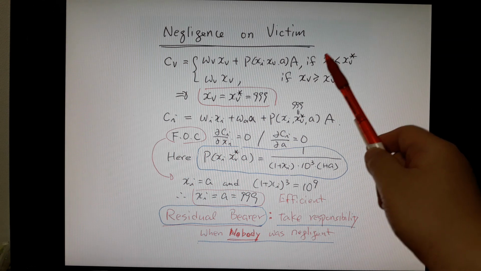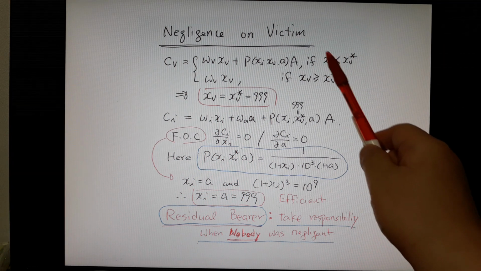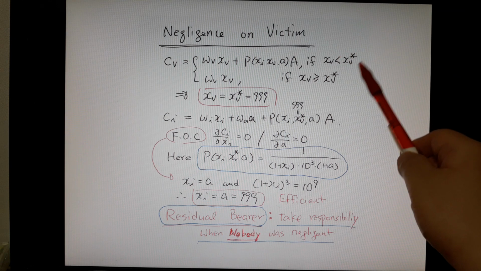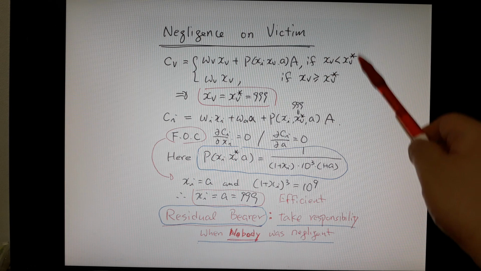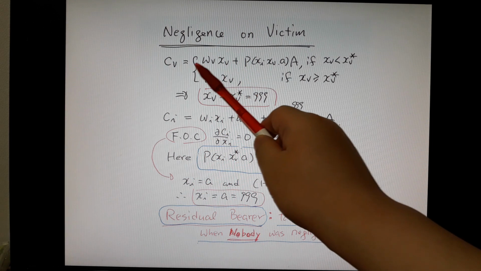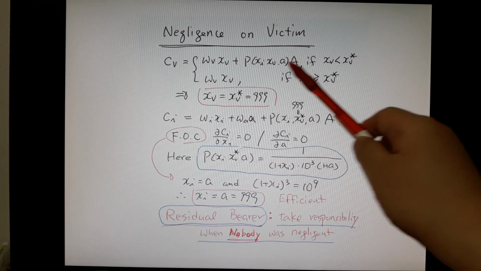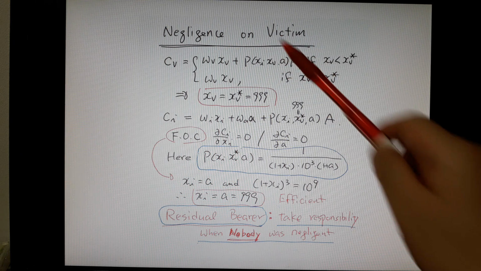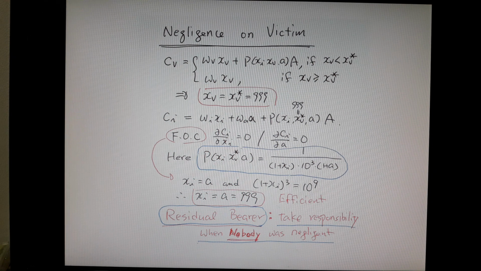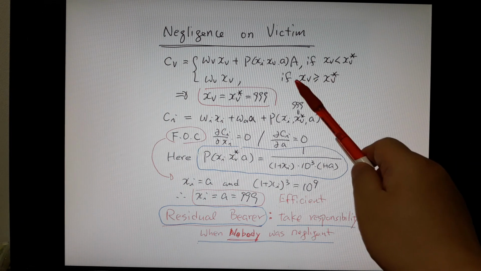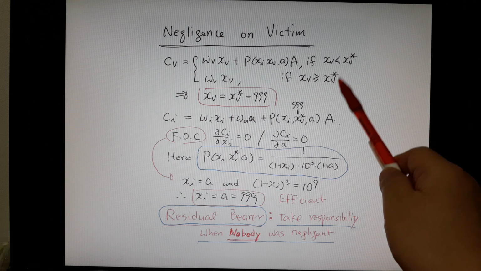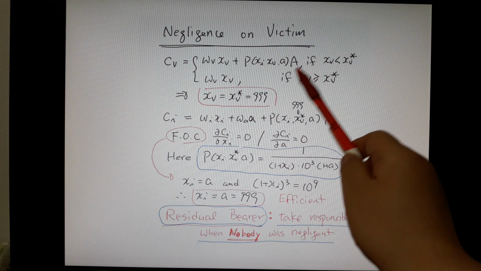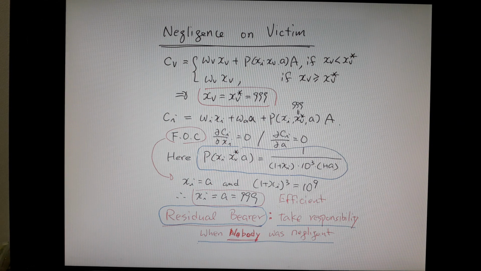If the victim is not careful enough, XV is less than or equal to XV star, so XV is less than 999, this would be the victim's cost, because you are not careful enough, so if there's an accident, you are totally responsible. But if the victim is careful enough, which means XV is bigger than or equal to XV star, the accident is not the victim's responsibility anymore, it's the injurer's.